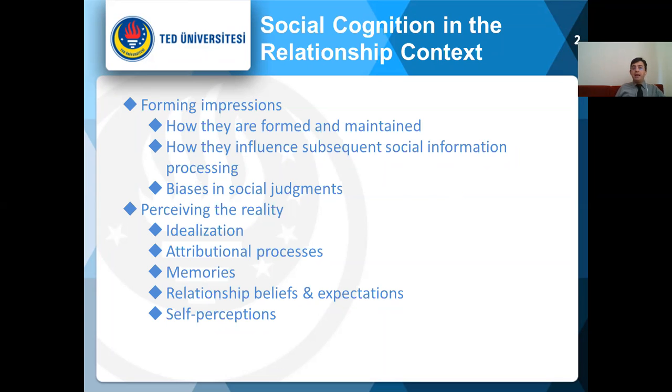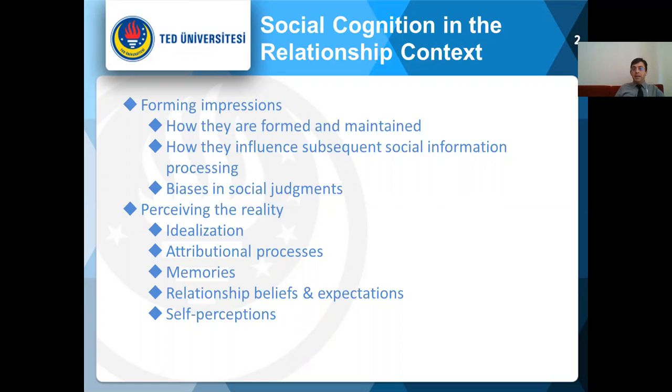But you can have a quick idea about this person. How do you do so? How does the mind operate to have a first impression about this stranger so that perhaps it will influence your decision about dating again? Or forming impressions might involve a question about how these impressions influence our subsequent social information processing.